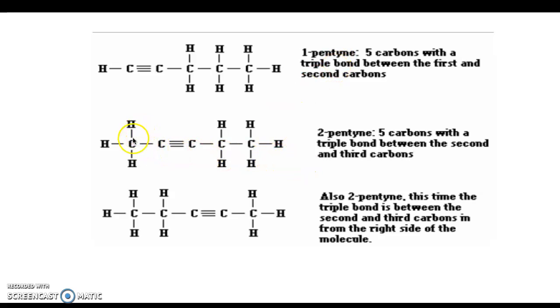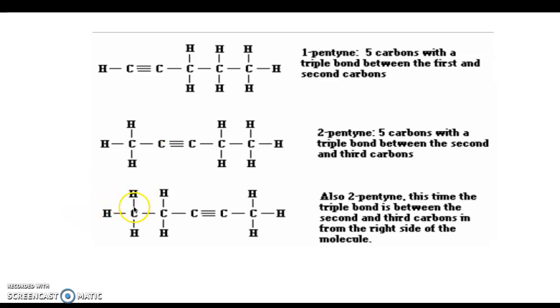Now if we look at this one, we have 1, 2, 3, 4, 5 carbons. So again, this is "pent." It's pentyne because there's a triple bond. But this time, if we count 1, 2, 3, 4, 5, or 1, 2, 3, picking the smallest number, this is 2-pentyne, the triple bond occurring on carbon number 2.